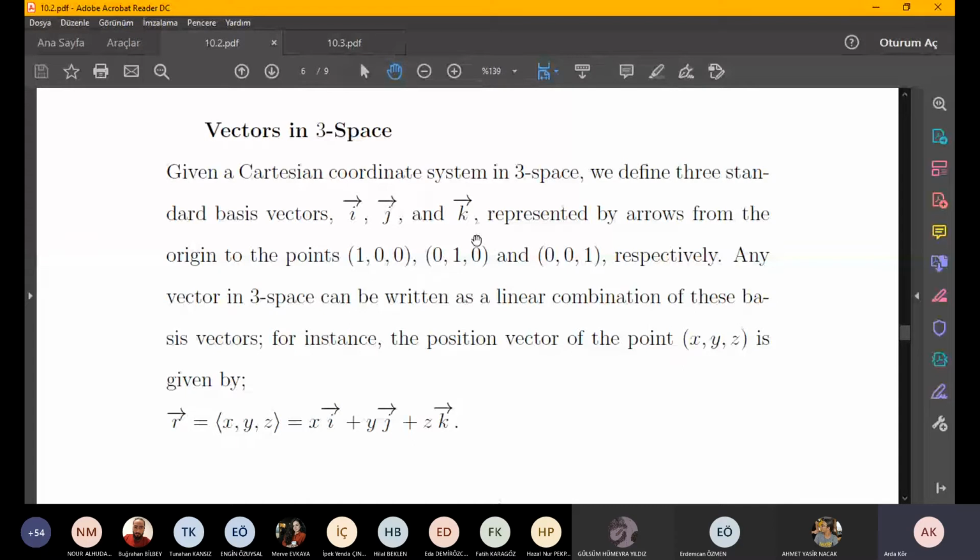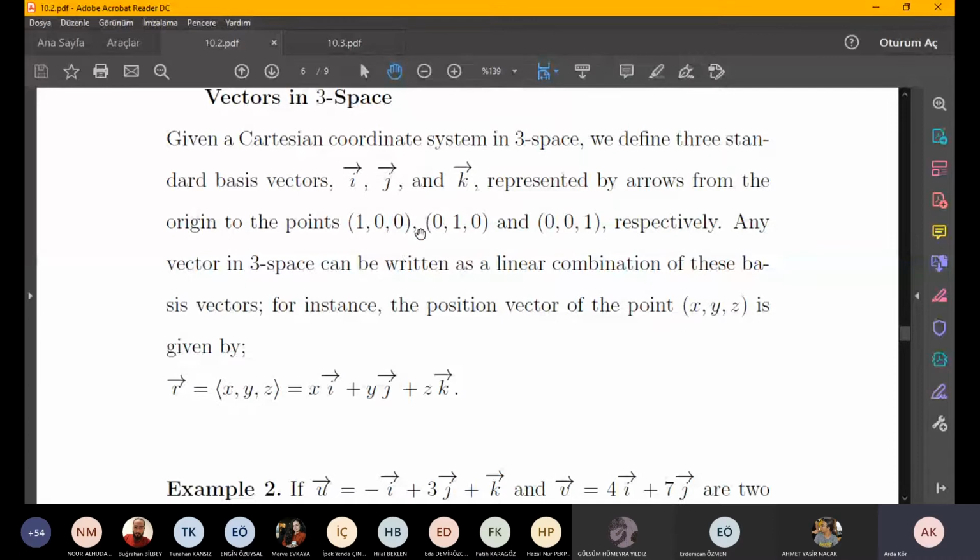They are represented by arrows from the origin to the points (1, 0, 0), (0, 1, 0), and (0, 0, 1) respectively. Any vector in 3-dimensional space can be written as a linear combination of those standard basis vectors.